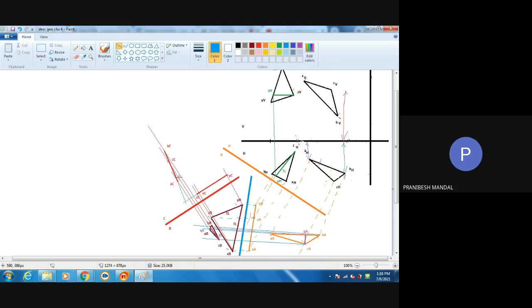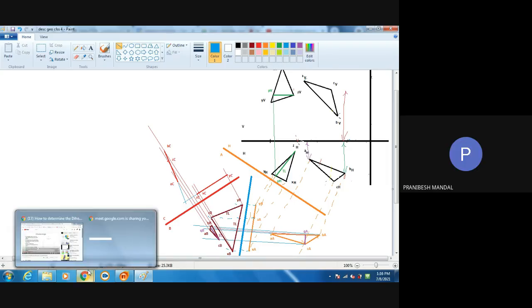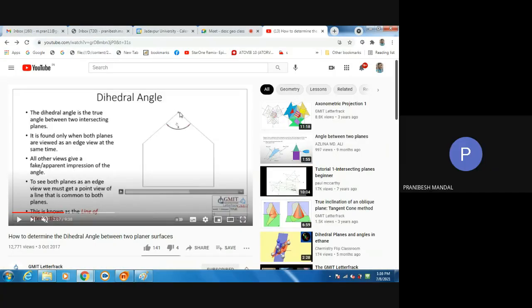This intersecting point of the two edge views is obviously the point view of the intersecting line. This point view is the point view of the intersecting line, isn't it?